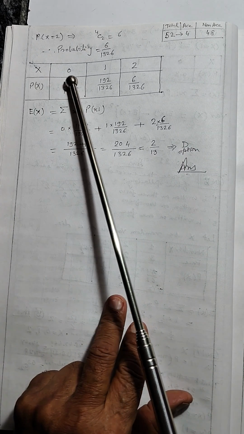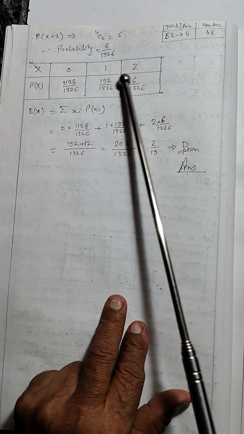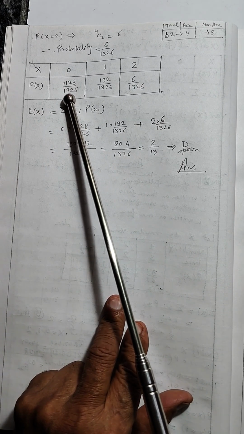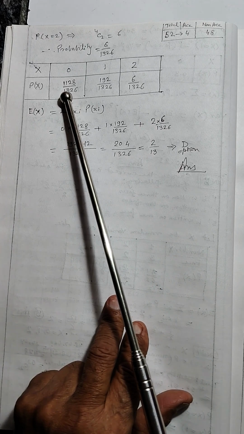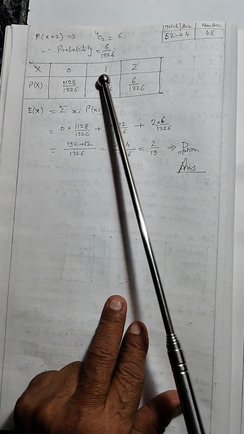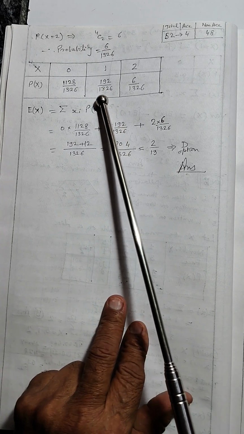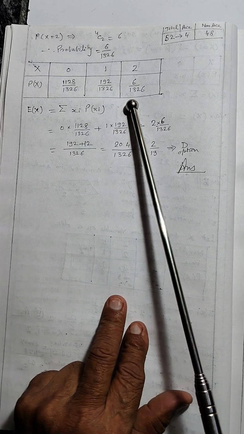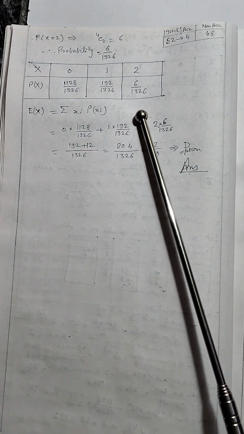Here X is equal to 0, 1, 2, and P(X) means the corresponding probabilities: for 0 it will be 1128 divided by 1326, for 1 it will be 192 divided by 1326, for 2 it will be 6 divided by 1326.